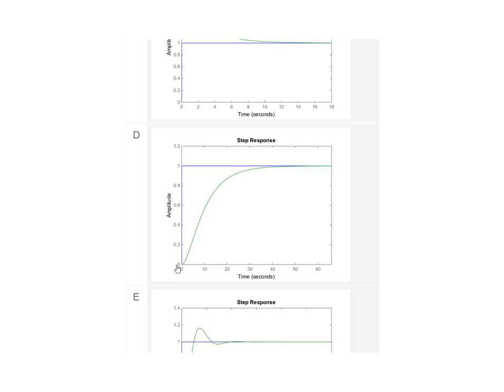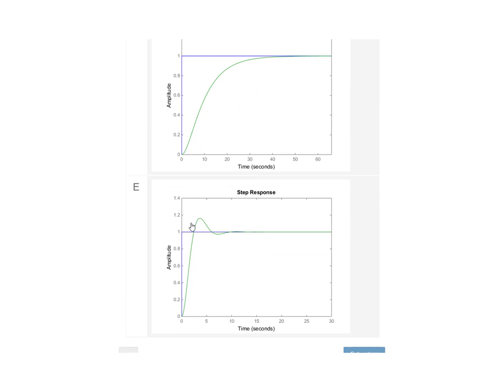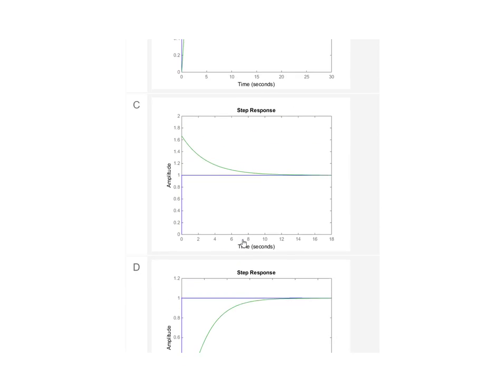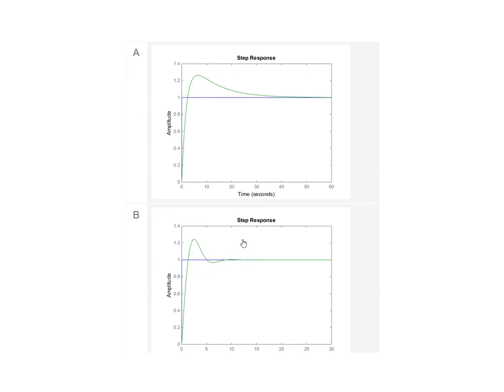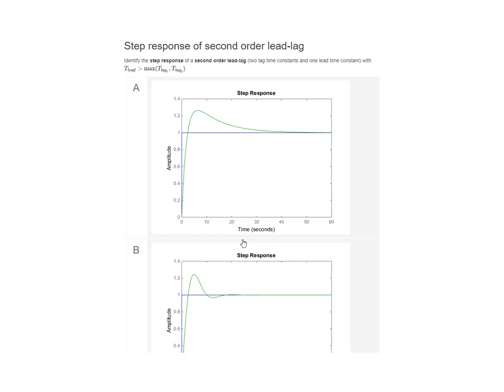Here we can see that the slope at the origin is 0, so this corresponds to a response of a second order lag system. And here again we can see that there is this damped oscillation, so we can exclude E as well. So we can see that the only response that is consistent with what is asked is response A. So the correct answer is A.